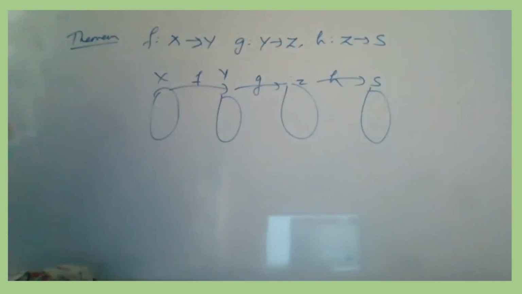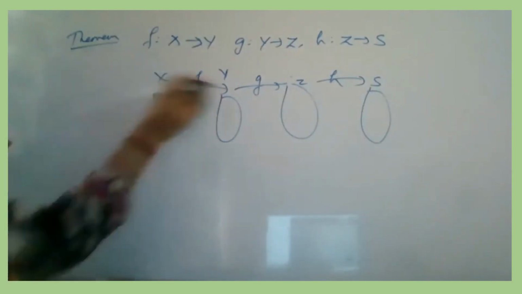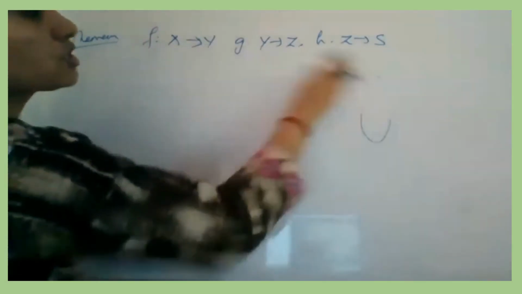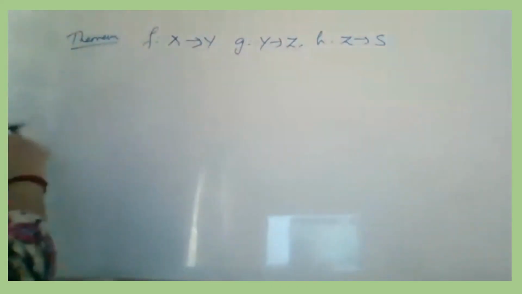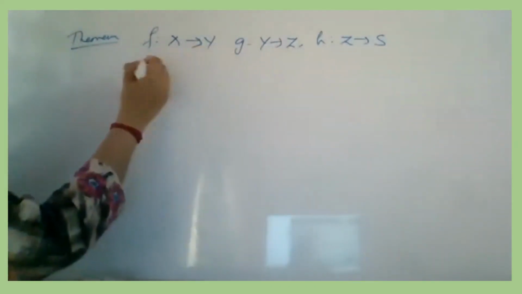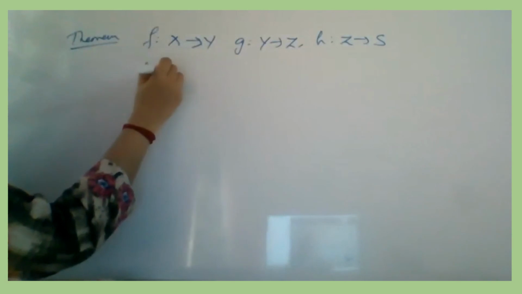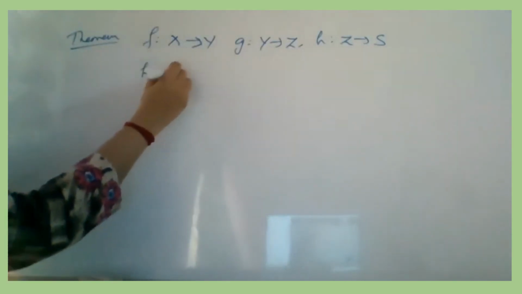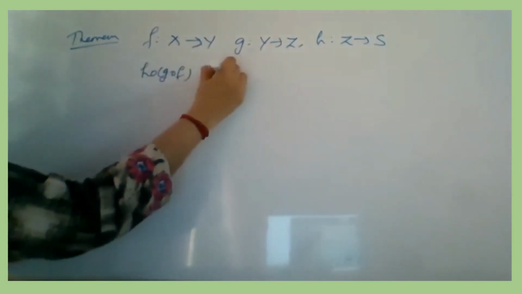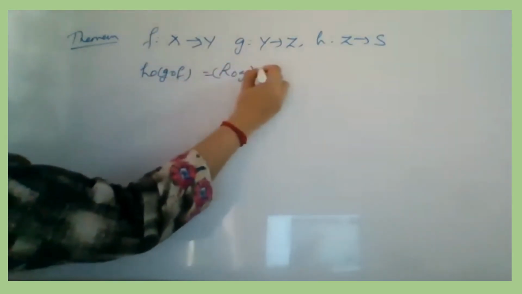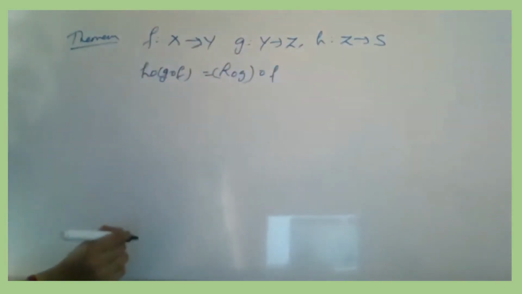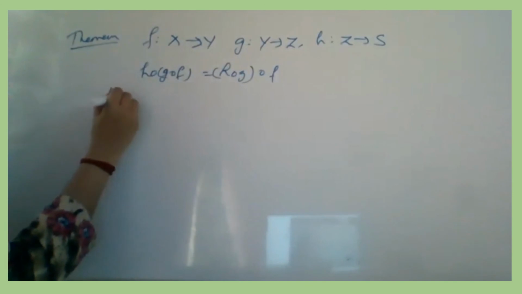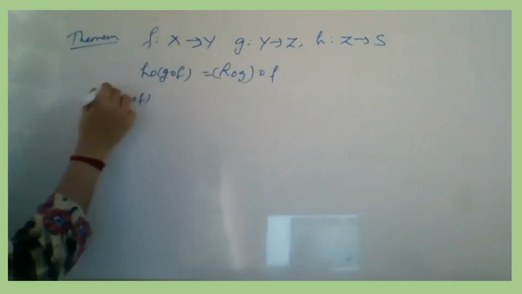So what they are saying is you have to again prove that the composition holds good, the way we have done the problem. Here you have h composition (g composition f) is equal to (h composition g) composition f. We'll start with h composition (g composition f) of x.